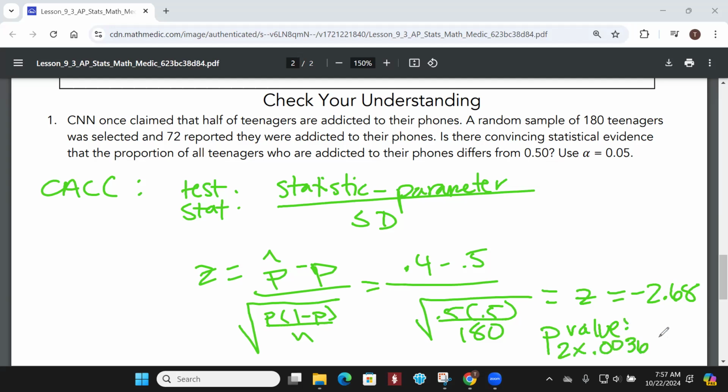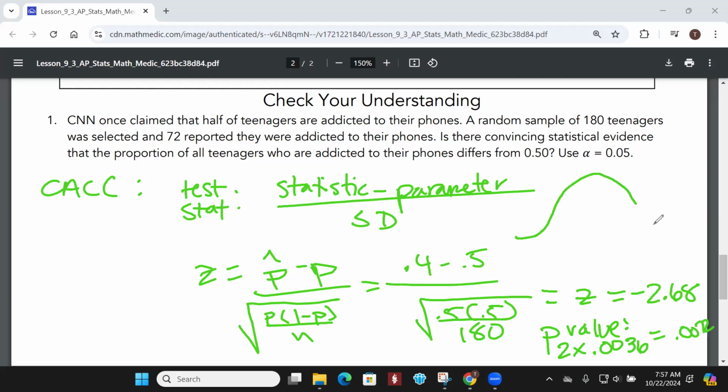Because it could be less than or more than, where it could be not the null. 0.5 is the null. It either is less than or greater than. It could be equal to. If it's equal to, then our hypothesis is true, right? So that's going to give me 0.0072.